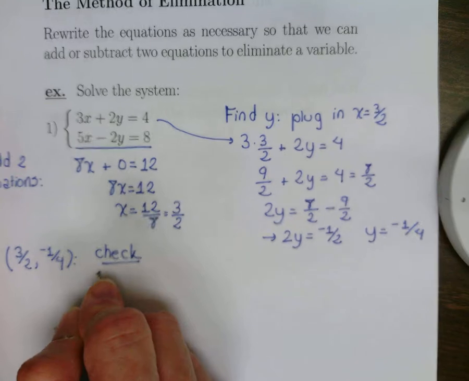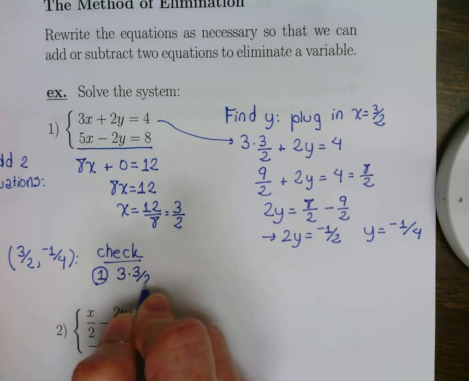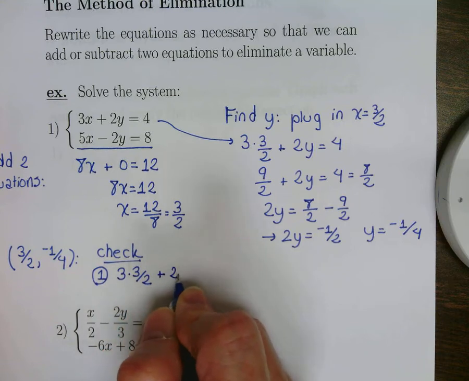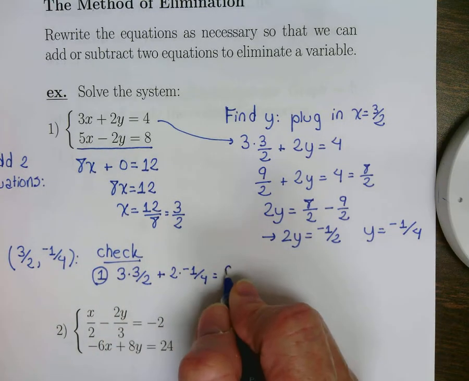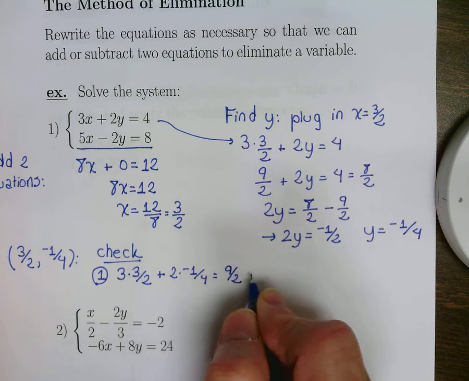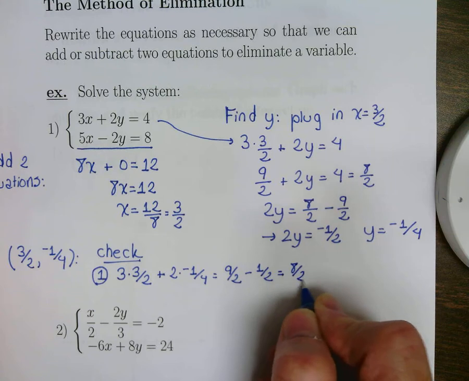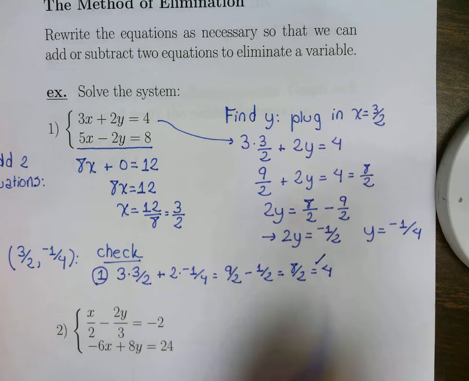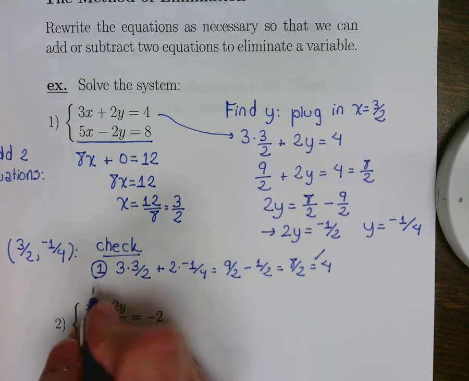In equation 1, I substitute 3 times 3/2 plus 2 times negative 1/4 equals 9/2 minus 1/2, which is 8/2, and sure enough, that's equal to 4. We say, well, yeah, that's how we came up with the negative 1/4.